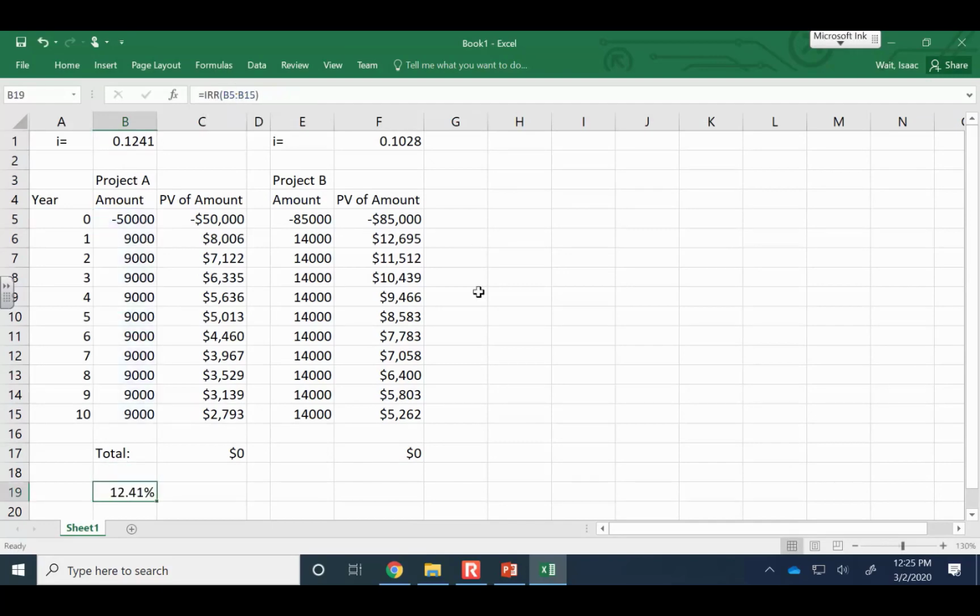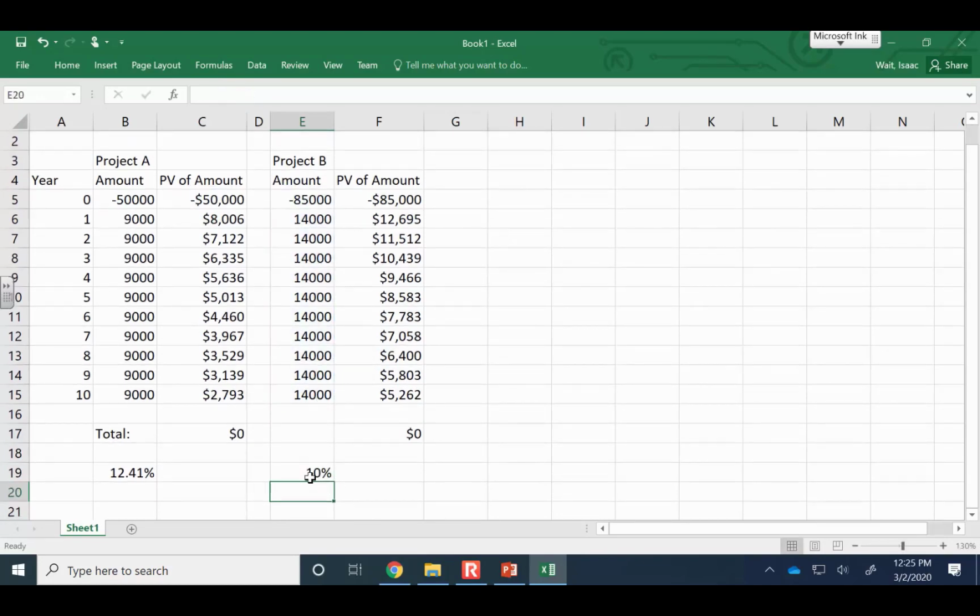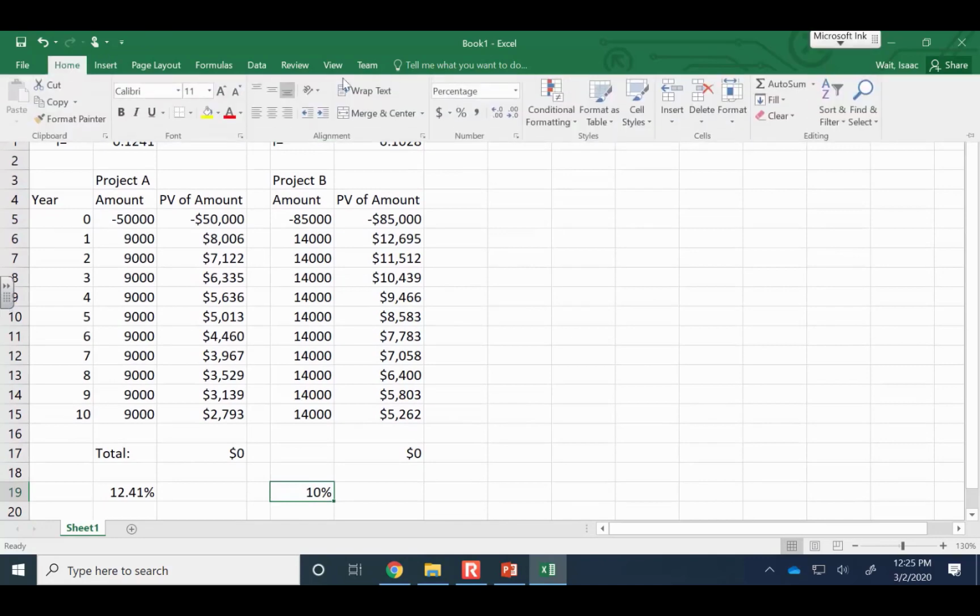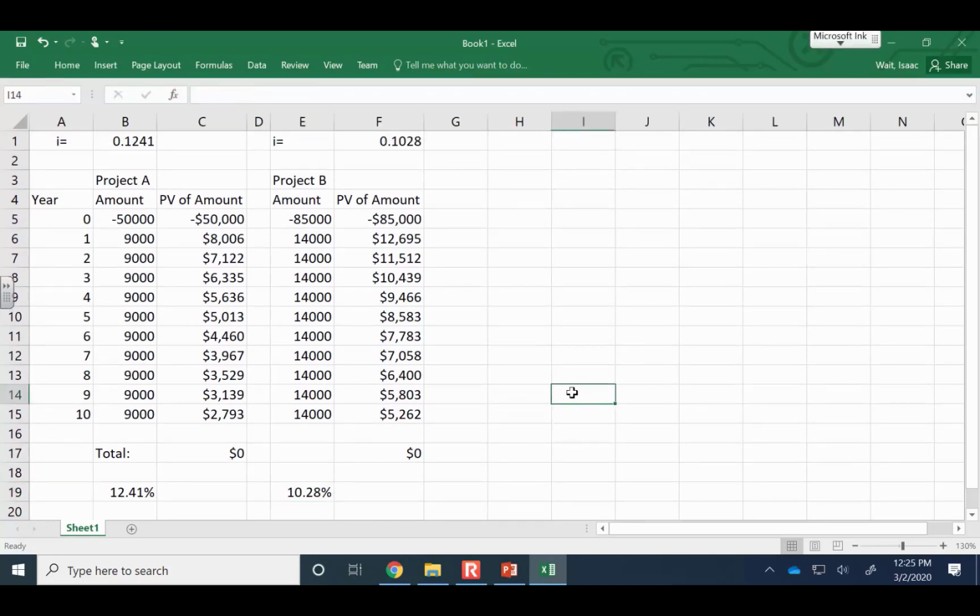like IRR. So of the two options, the internal rate of return that's the highest is for project A. So what that means is that you're earning a 12.41% return on your original investment of $50,000. But here's the thing. It's better to earn 10% on a bigger amount than to earn 12% on a smaller amount.